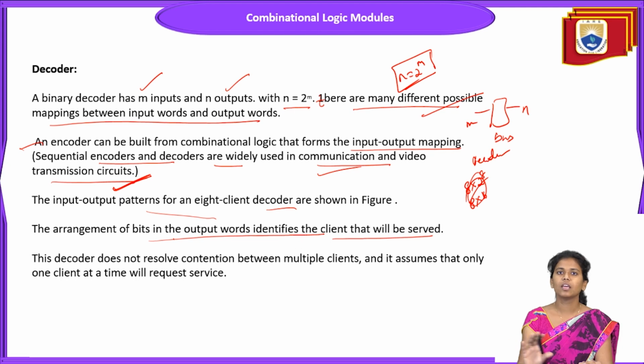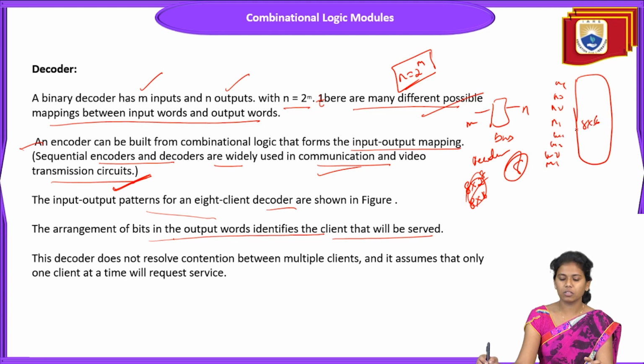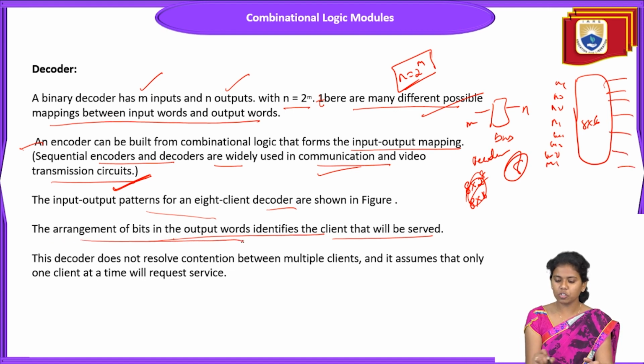Here we will see how the bits are arranged. If it is 8 inputs, sometimes 4 bits are arranged one time and 4 inputs the other time. That means n1, n2, n3, n4 and m1, m2, m3, m4. 8 to 16 decoder means here the 16 outputs. So the arrangement of bits in the output word identifies the clients to be served.